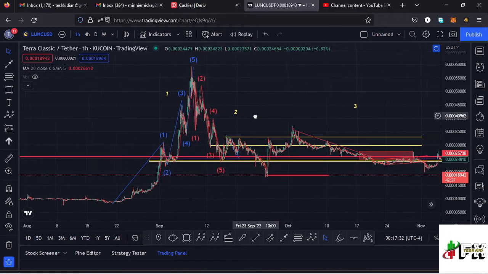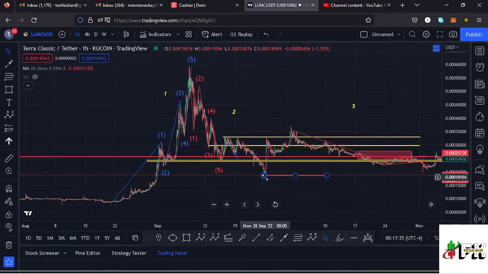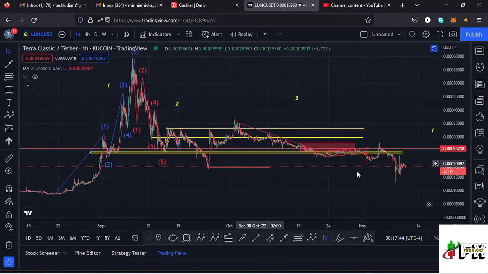In my previous videos, we had this low at around the $0.000018 mark as the low for that second wave, but in this video I'm changing scenarios, because from what you can see over here, we managed to make a new low that is below the low that we had over here, meaning we have to change scenarios.